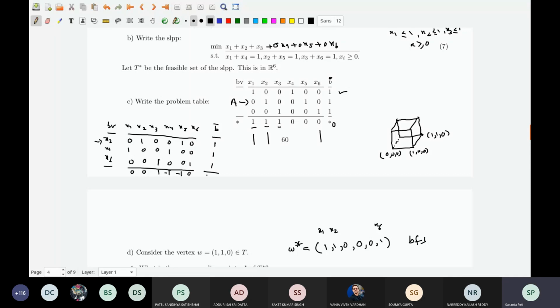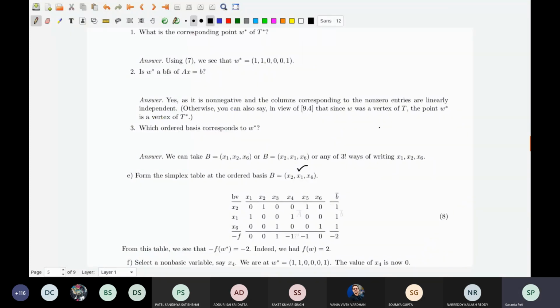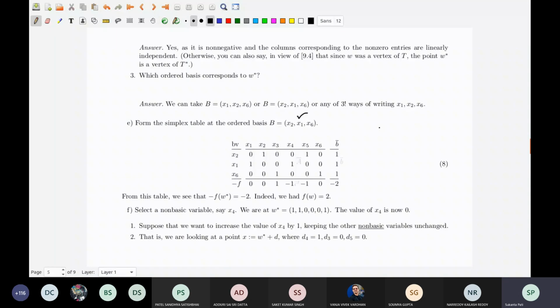So this is the simplex table at this W star with the basis X2, X1, X6. It is written there at the bottom. This is precisely what is written over here. This is your A bar, this is your C bar transpose, this is your B bar.